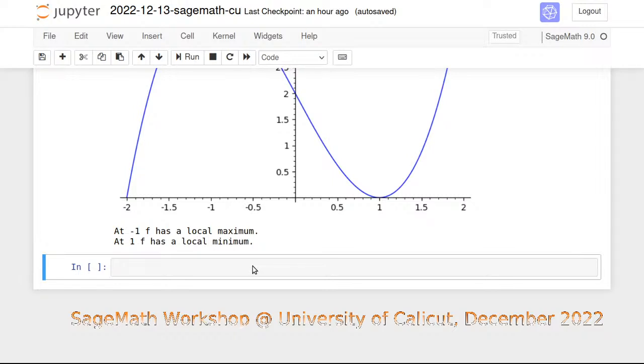If that increasing-decreasing phenomenon is changing, then we say that it's a point of inflection. Right. So let us do that part also. Maxima and minima we have done, so point of inflection we will see now.